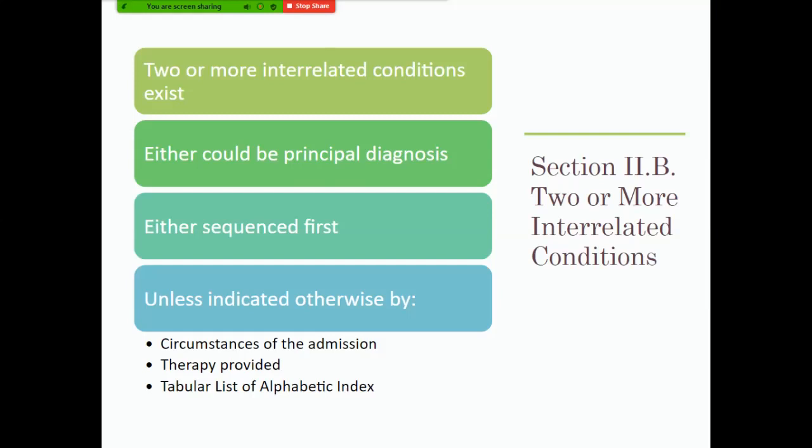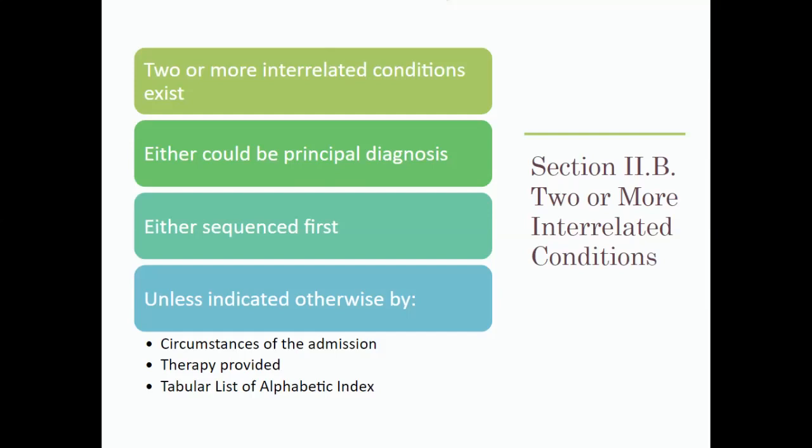Okay, section 2B, two or more interrelated conditions. She did go over this when she was speaking, but I'm going to do it again. Two or more interrelated conditions exist. Either could be a principal diagnosis, either sequenced first, unless indicated otherwise by the circumstances of the admission, therapy provided, and the tabular list or alphabetic index.